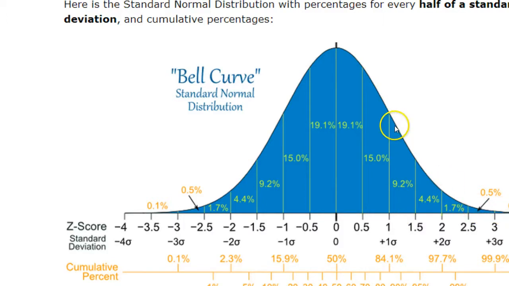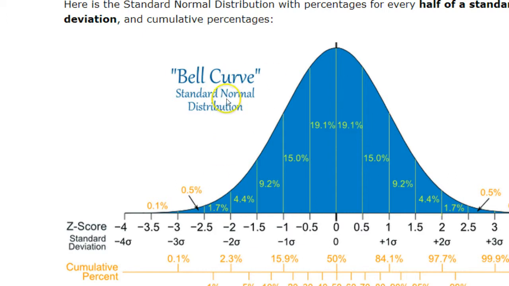So my ACT score is only better than a little under 90% of the population, about 89.2%. Looking at the bell curve, mine looks really good in SAT compared to ACT, and yes, there is a huge difference. Now, if I was at a negative 1.5, I would only be better than 4.4 plus 1.7, which is 6.1, 6.6, 6.7, so only 6.7% of the population.